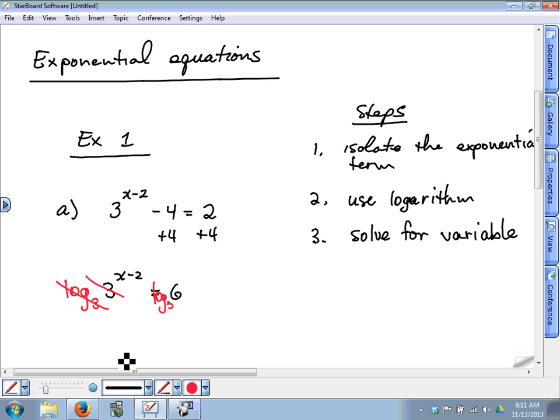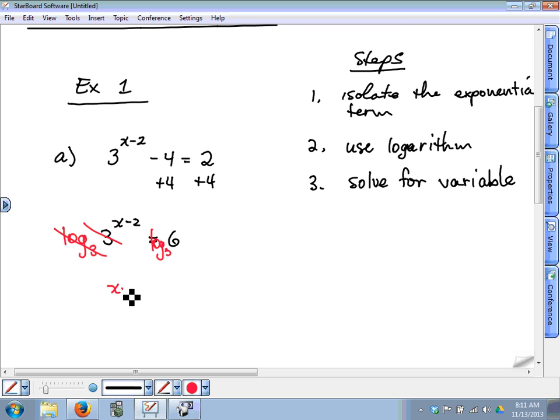The reason for using a log base 3 is because the exponential has a base of 3. Those cancel each other out. So what you're left with is the equation x minus 2 now equals the log base 3 of 6. So that was step 2. Logarithm canceled the base.